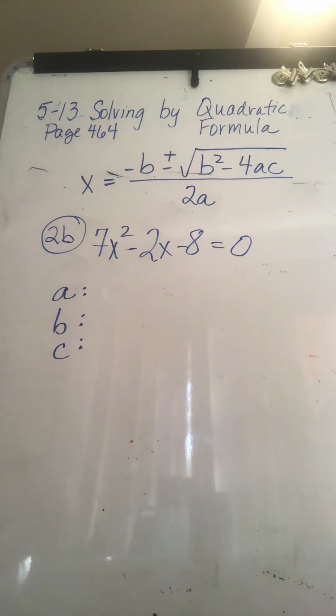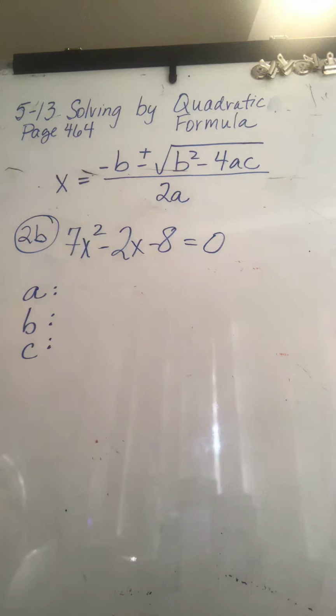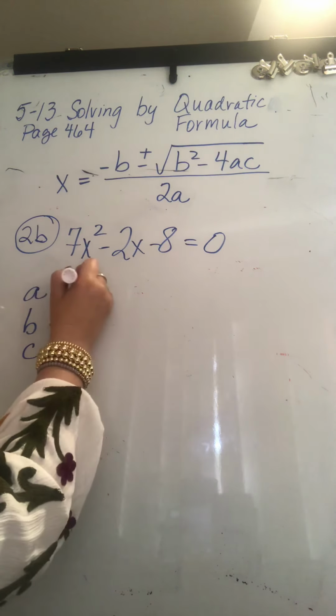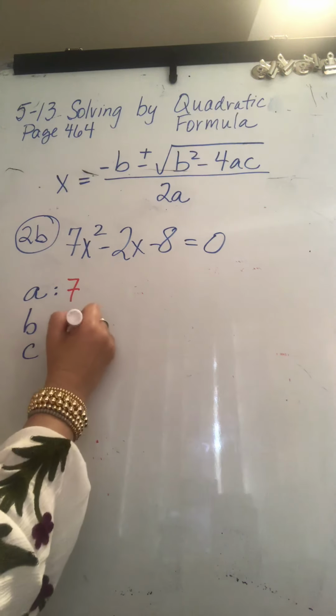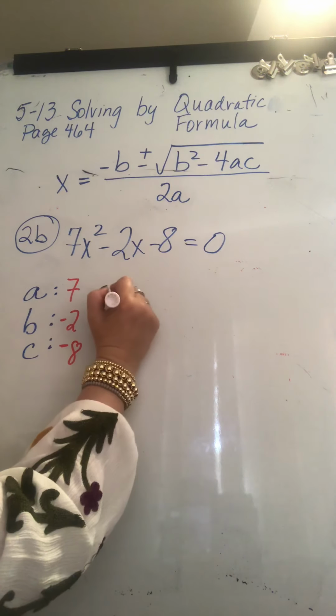Let's do our A, B, and C. A is 7, B is negative 2, and C is negative 8. So I'm going to start plugging this in.